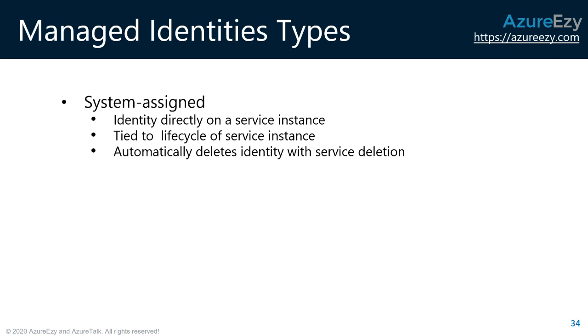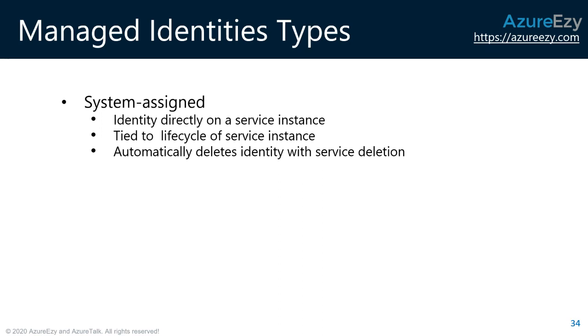When you have some service instance and you have a managed identity, this managed identity will be associated with your service, and it will be tied to the lifecycle of your service instance. What does it mean? If you delete that Azure service, that particular instance, this system assigned identity will also be deleted.